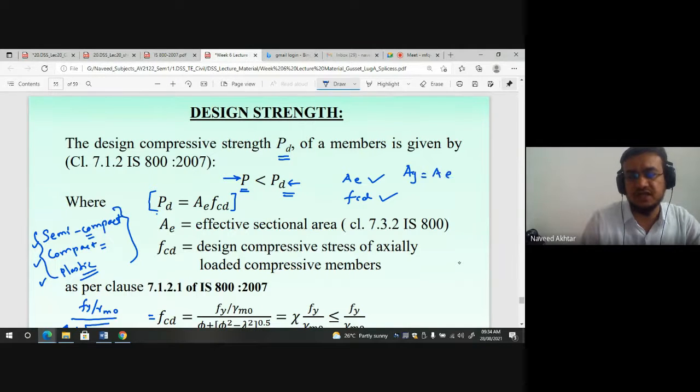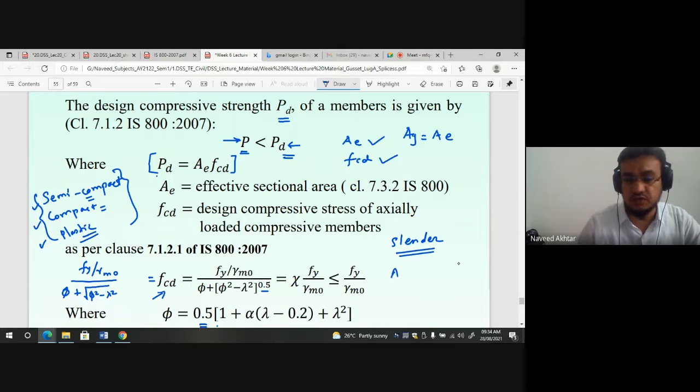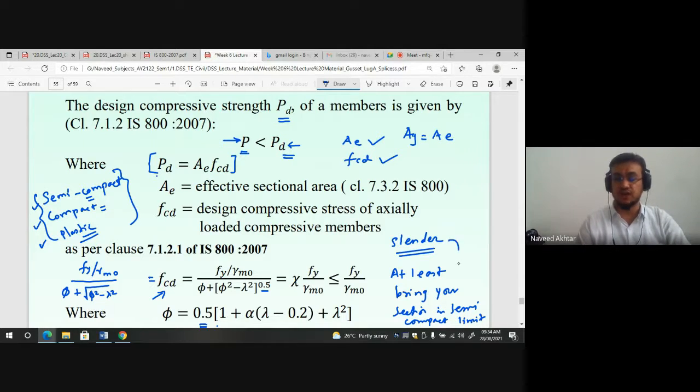But if your section is slender, then you have to at least bring your section into semi-compact.